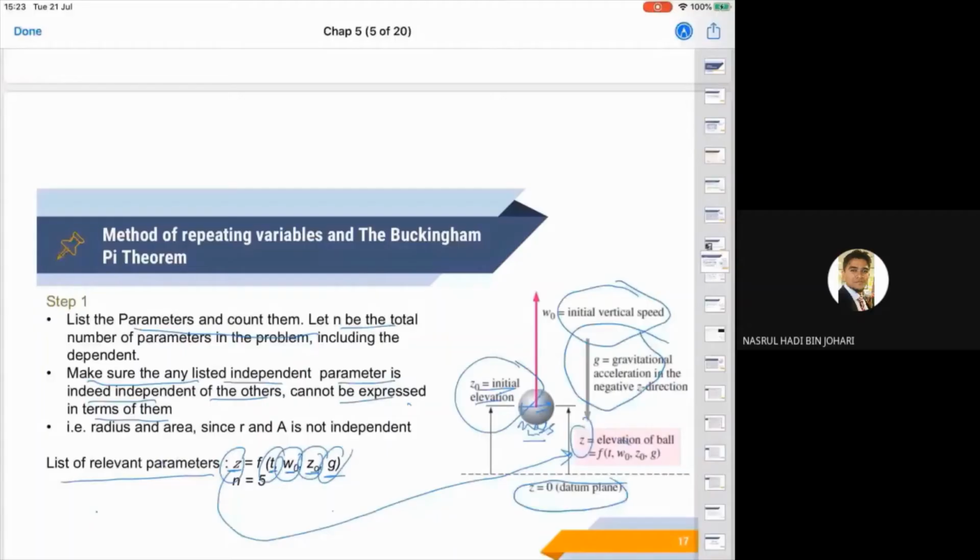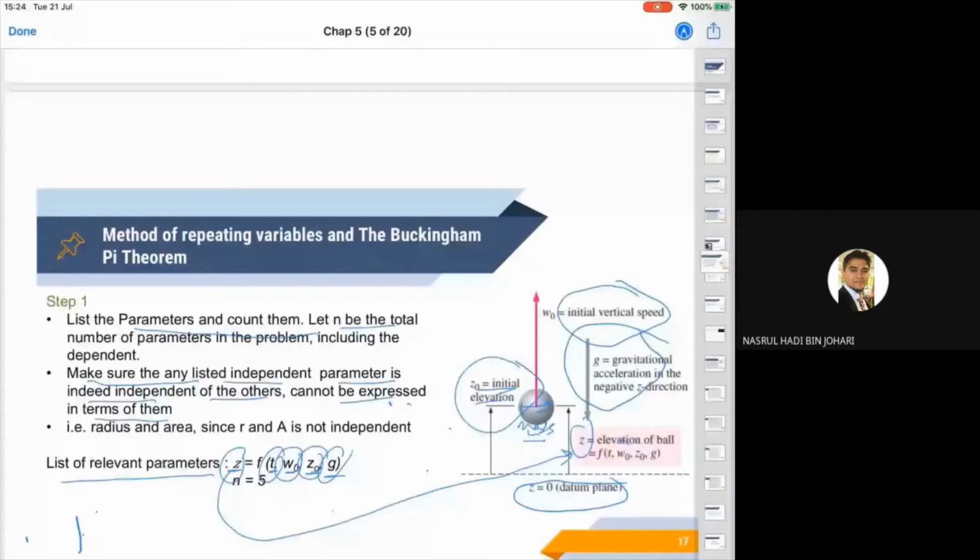In this case, if you look at the bottom, it says list of relevant parameters, z equals to, where is my one? Okay, they have listed down everything here. Here, they want to know the elevation of the ball after it bounces back from the floor.